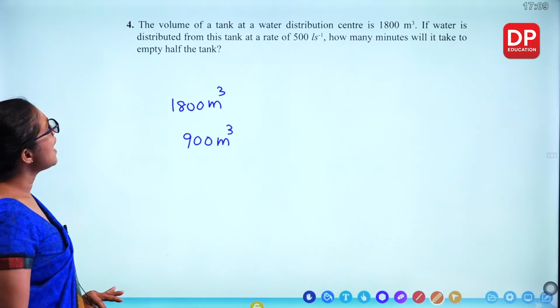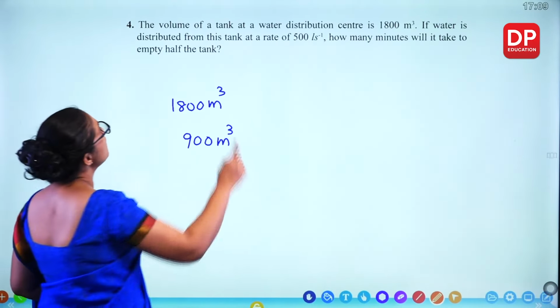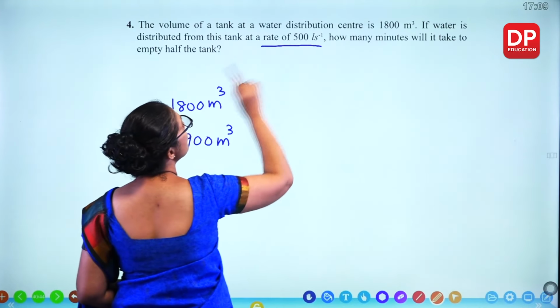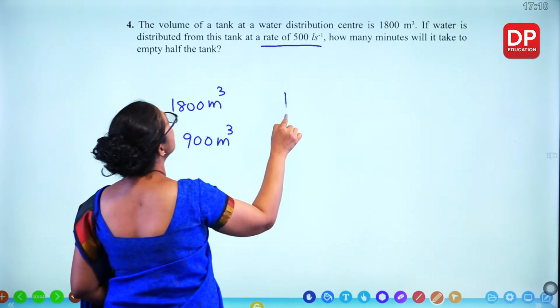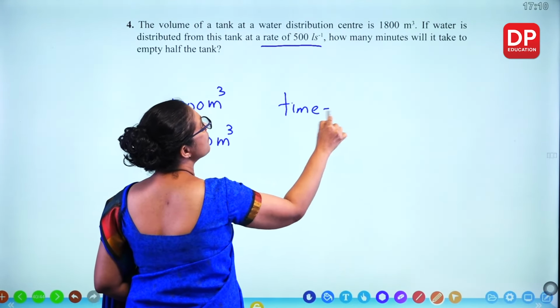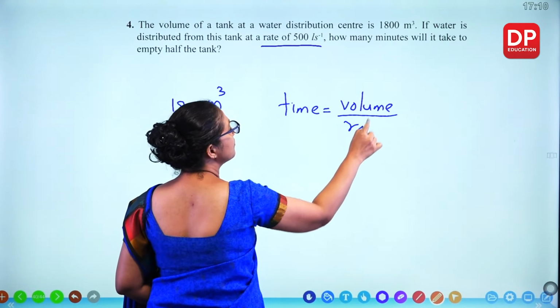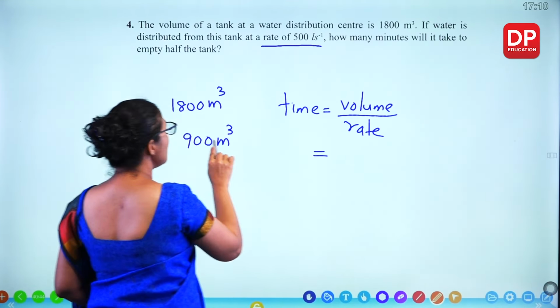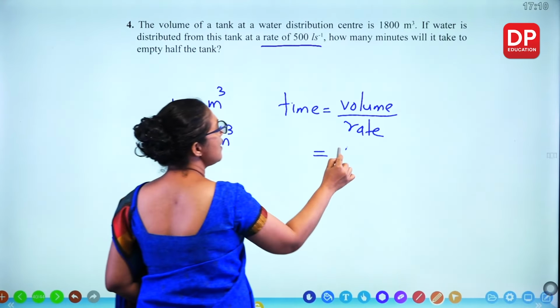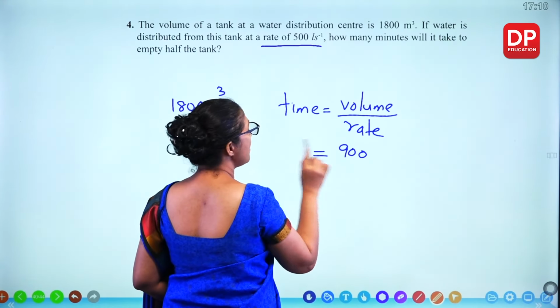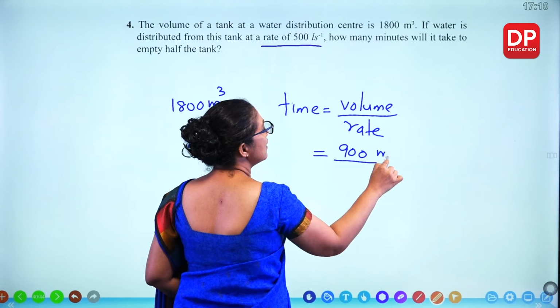Now, what's the time taken? We need to find the time, the rate is given. So what's the time? Volume over rate. What's the volume you need to empty? 900 cubic meters.